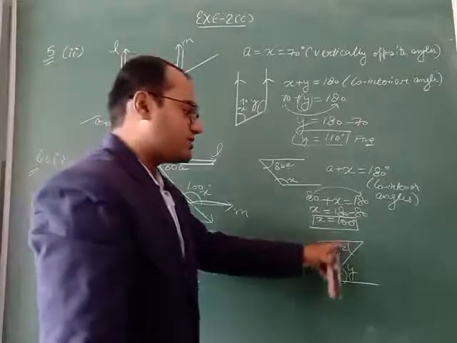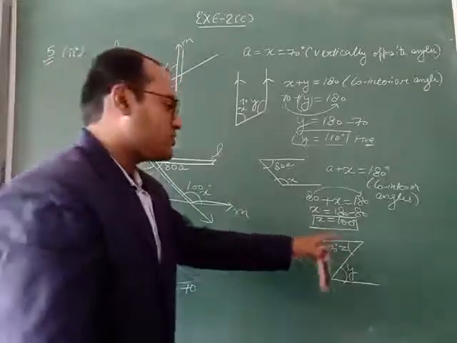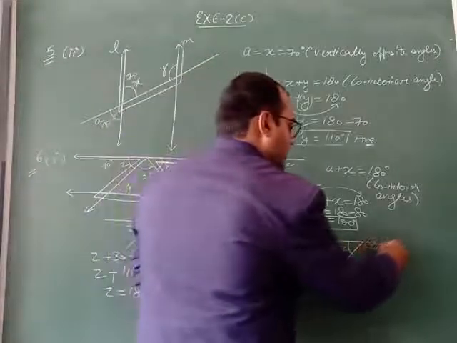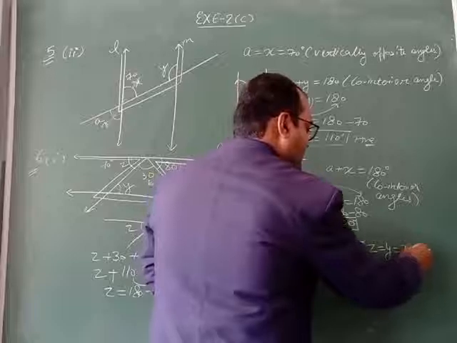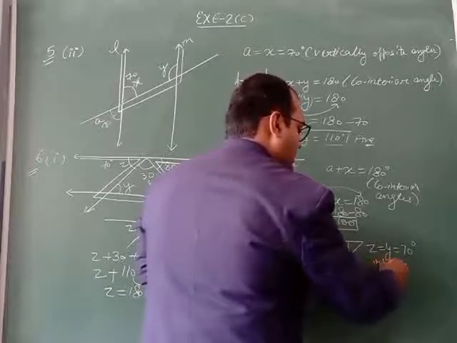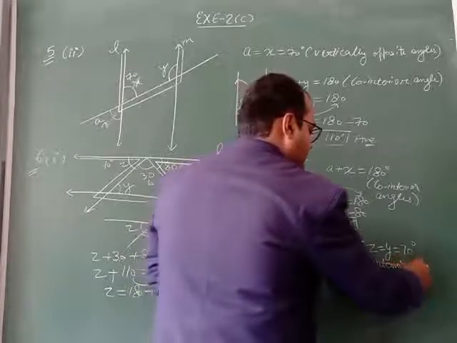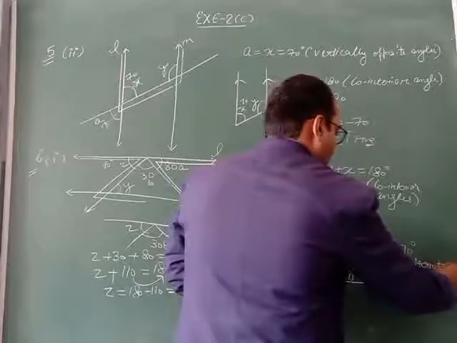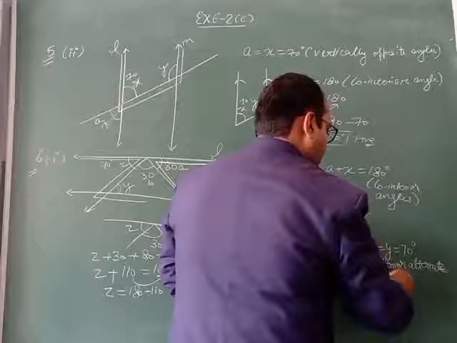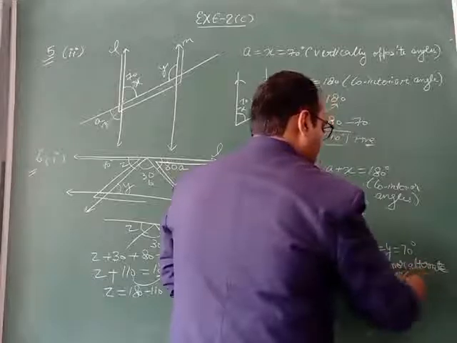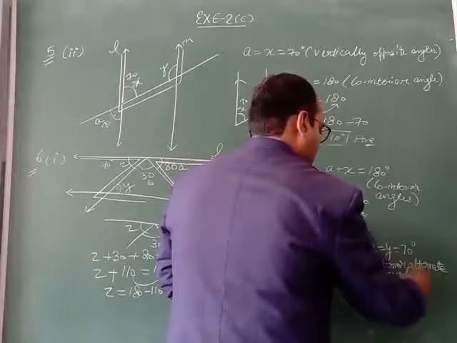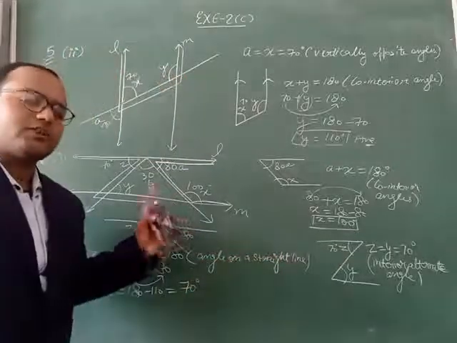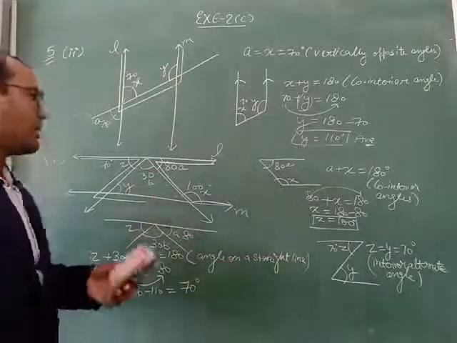We have to take these two angles equal to each other. So we will write z and y are equal: z equals y equals 70. These are interior alternate angles. So this is the answer of question number 6, first part. Now see another part.